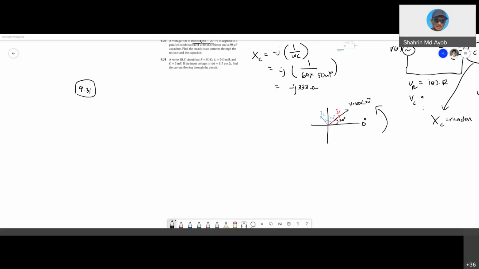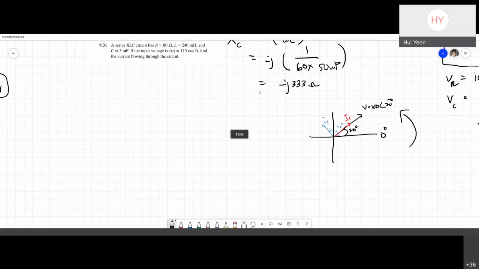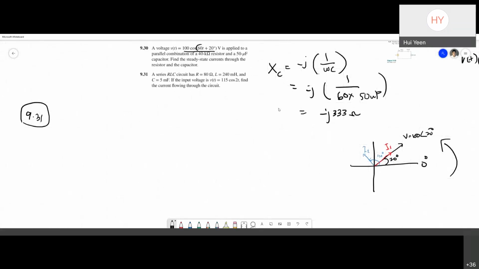Do we have anything in the chat room? Sometimes I haven't checked the chat room. Doctor, so like just now, if the question arranges the elements in parallel, all the currents must be calculated separately, right?